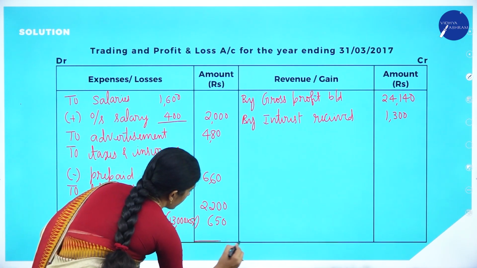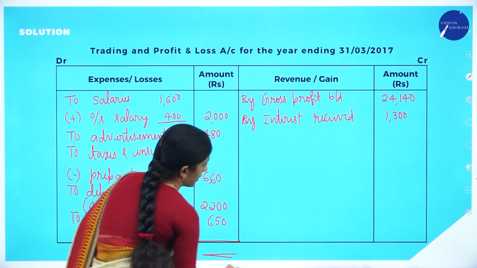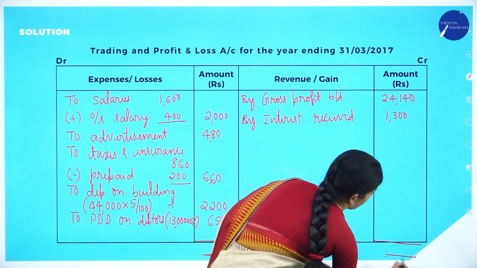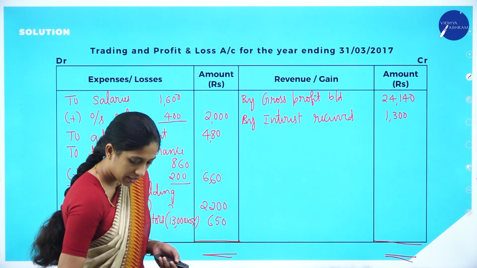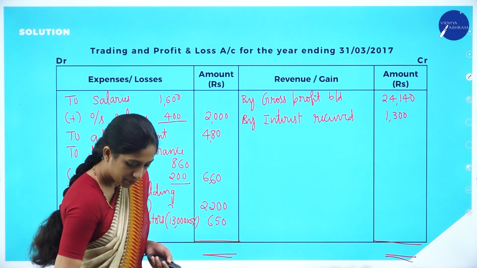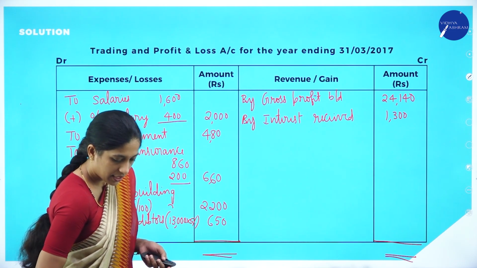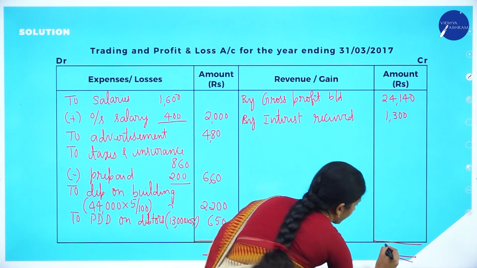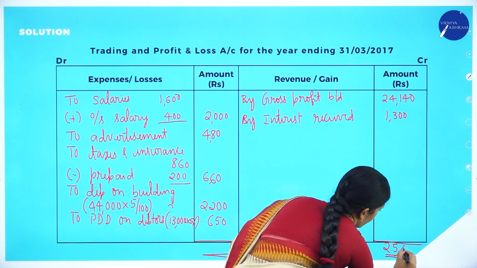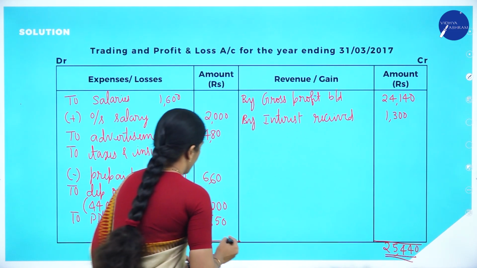Now we shall balance both the sides. So 24,140 plus 1,300, it is 25,440, both the sides.